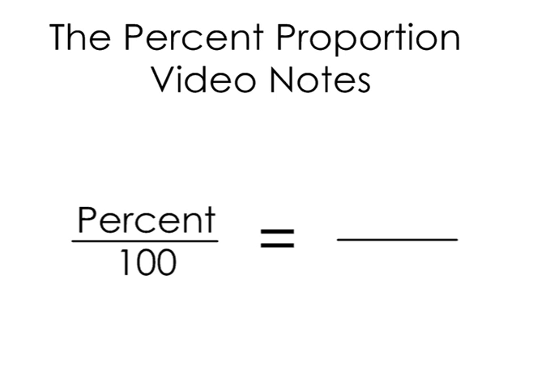Then for the second fraction, we're going to be setting this up using the part and the whole of what we're trying to find. So the part is going to be your numerator, and the whole will be your denominator. Sometimes there are keywords that can help you figure out what the part is and what the whole is.